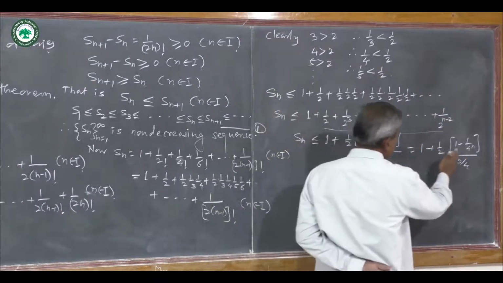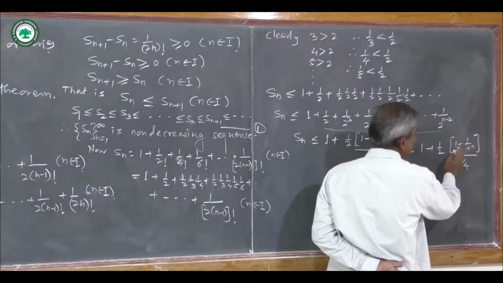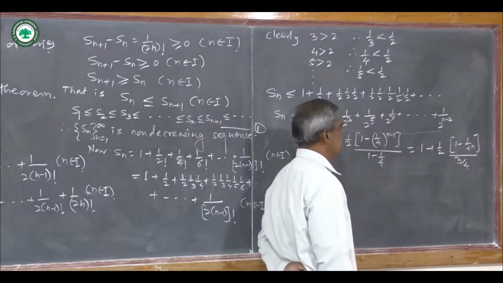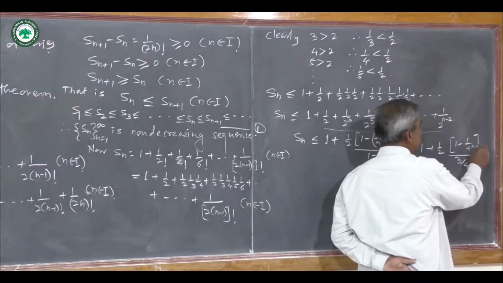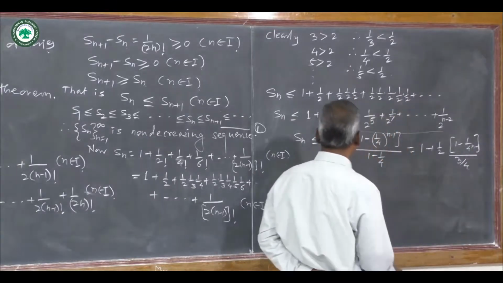The bracket 1 minus 1 upon 4 raised to n minus 1 is less than 1.